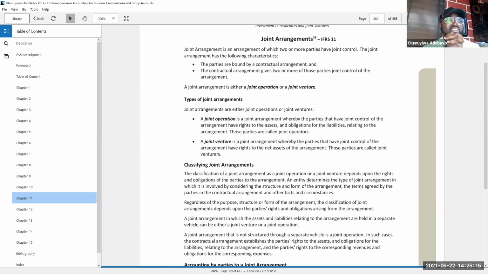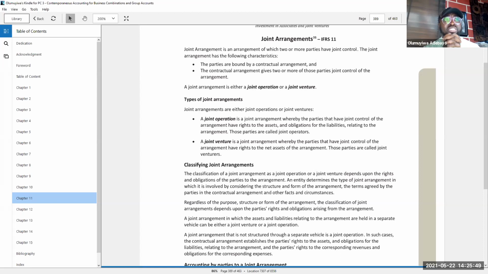The first question we ask or try to answer is, was there a joint arrangement? You understand? It's only when there's a joint arrangement that you ask yourself, by the substance and the nature of the arrangement, is it a joint operation or a joint venture? Now remember, I emphasized that a joint venture is a business. And from the definition of a business, there's input, there's process, and there's output.